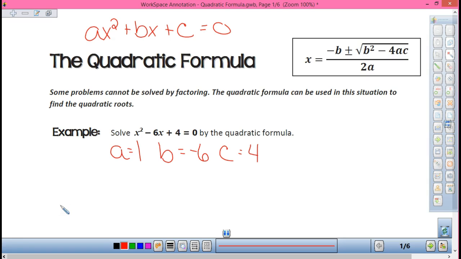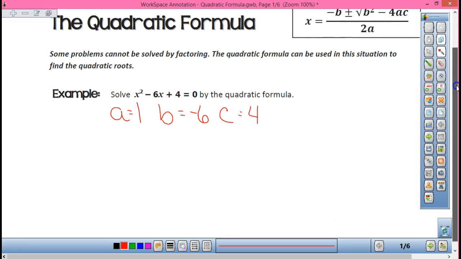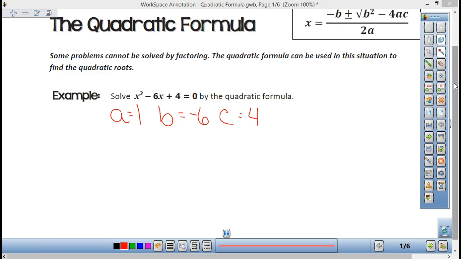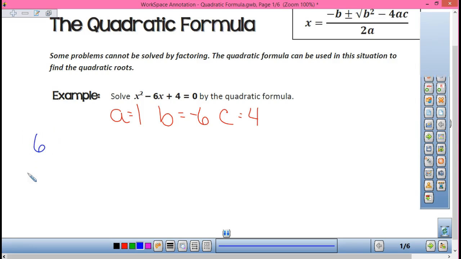All right, so now we've got to put that stuff into the quadratic formula. The opposite of b is 6. Plus or minus.